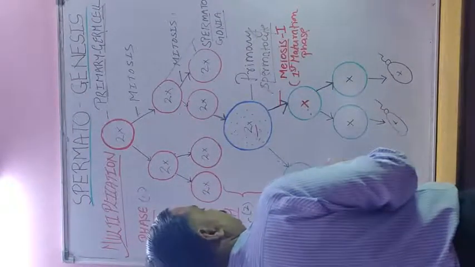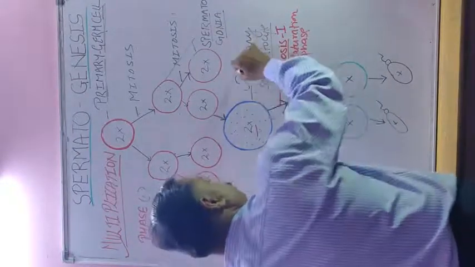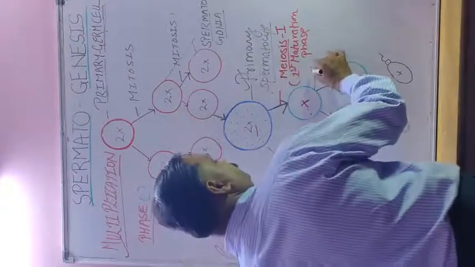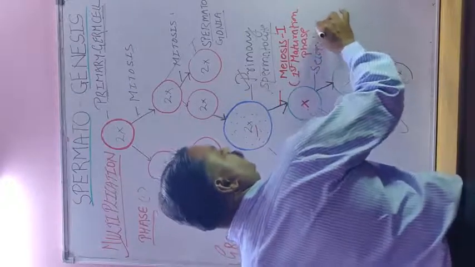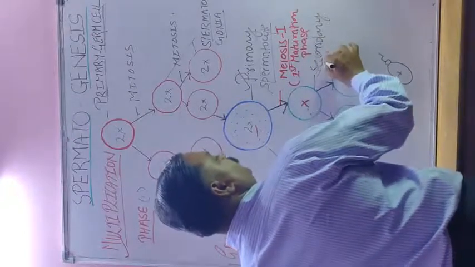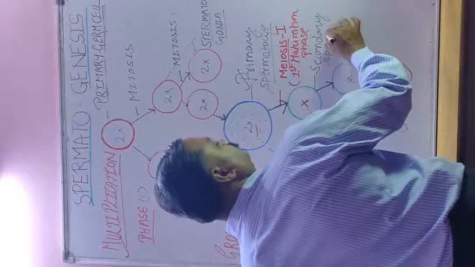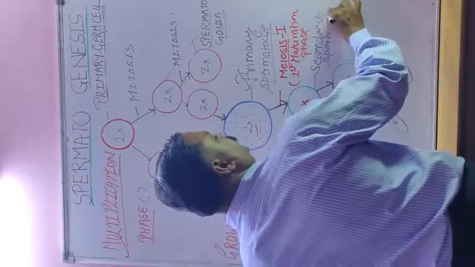Now student, if this parent cell was the primary spermatocyte, this will be the secondary spermatocyte, isn't it?